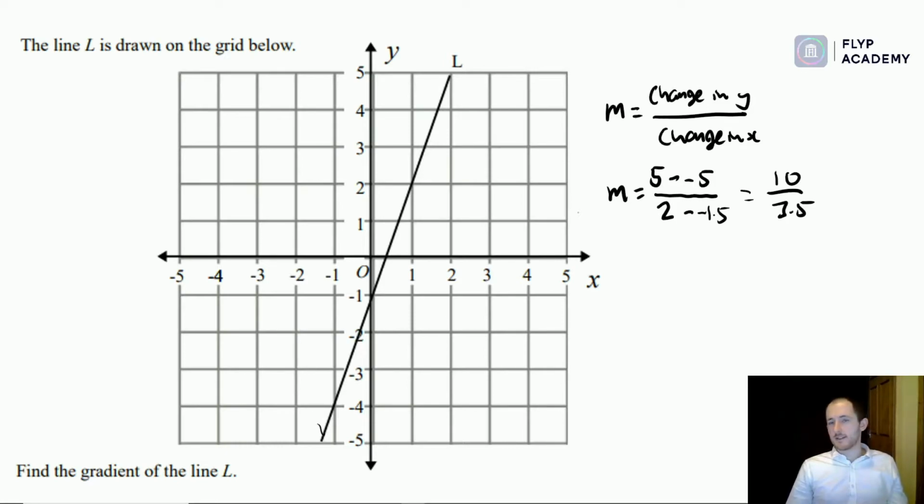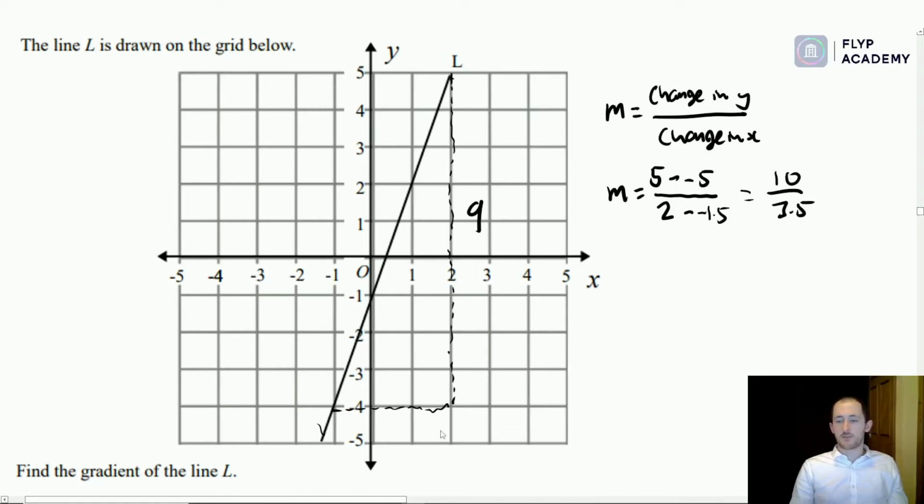The other way to do it is to use a big triangle. So if I draw a big triangle here, picking points that touch the corners of the squares, I work out what the height of this triangle is, which is just the difference between minus 4 and 5, which is 9. It's 9 squares high, right? 1, 2, 3, 4, 5, 6, 7, 8, 9.